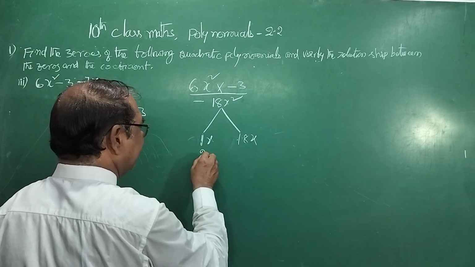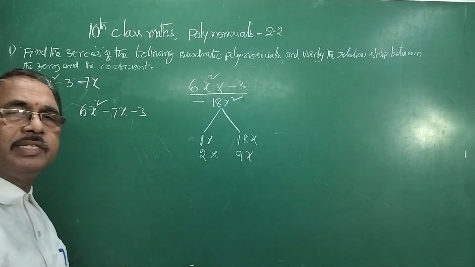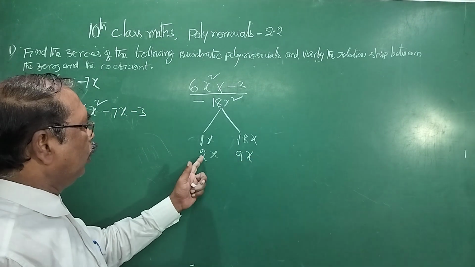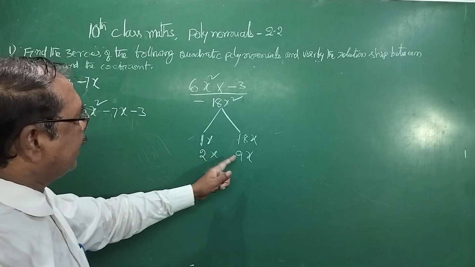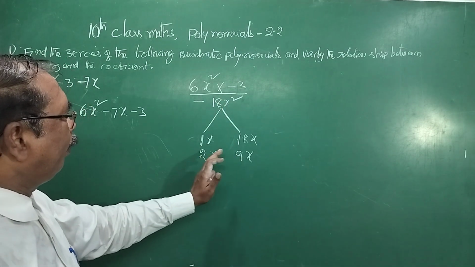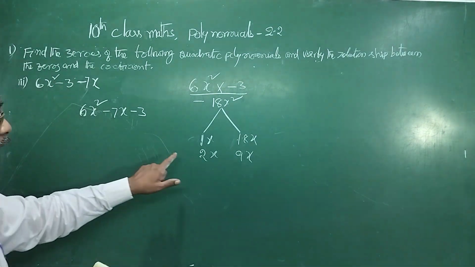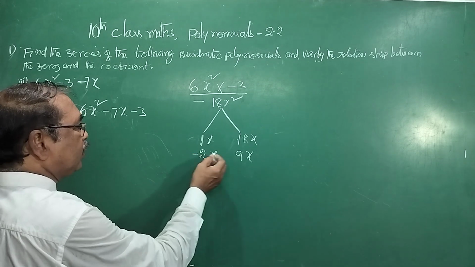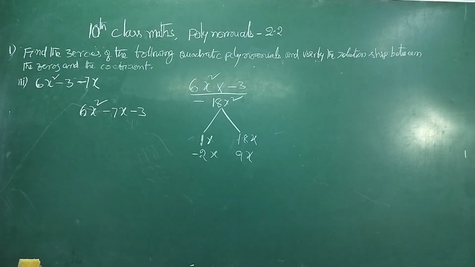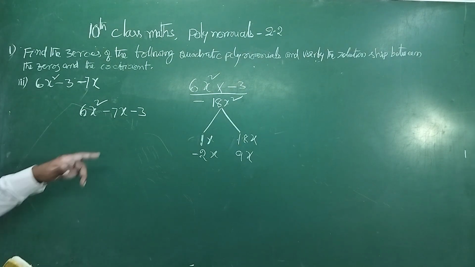Next, let us try 2x into 9x. Next factors are these: 2 into 9 is 18, x into x is x square. Let us add: 2 plus 9 is 11, but we need 7x. Let us subtract: 9 minus 2 is 7x. But here the minus has to stay with the bigger value, 9x.